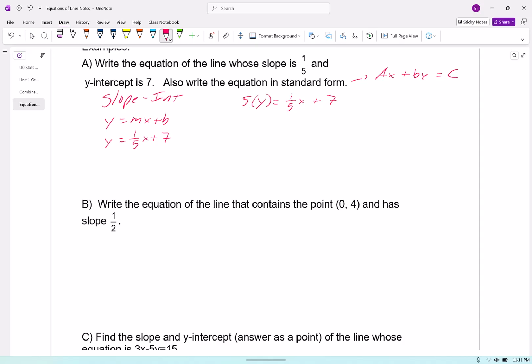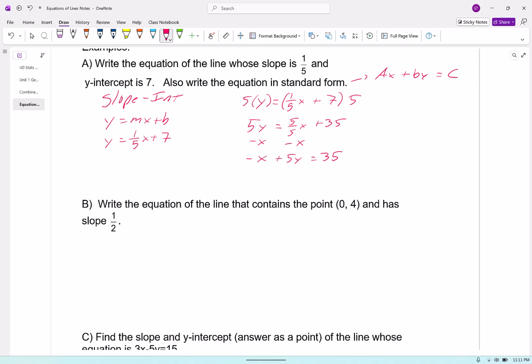because I'll get 5 over 5, which will get rid of the fraction, just leave me with x. So I'm going to multiply each side by 5. So I'll get 5y equals 5 over 5 x plus 35. I got to get the x and y's on the same side, and so I'm going to subtract this x from each side, and so I'm going to end up with negative x plus 5y equals 35.